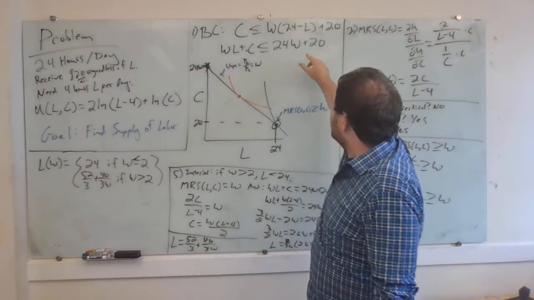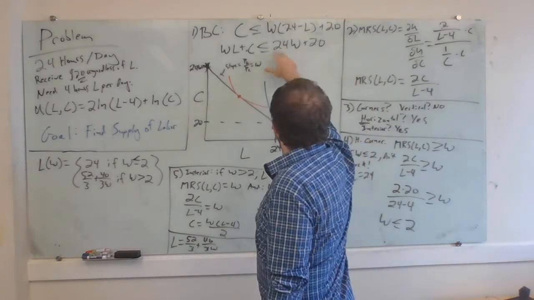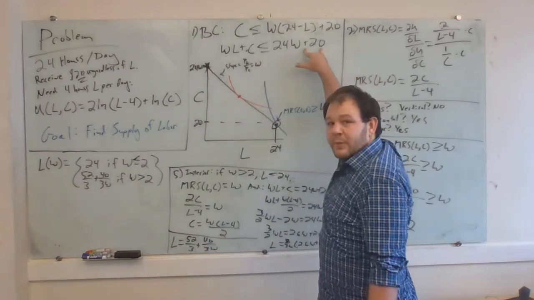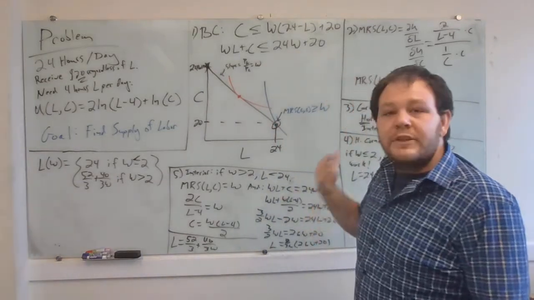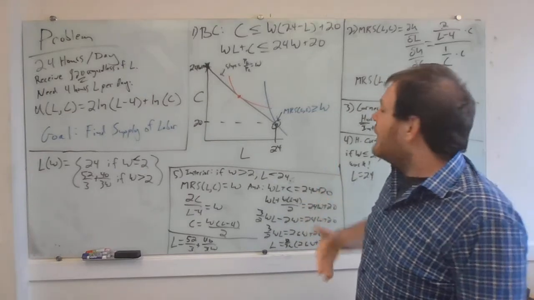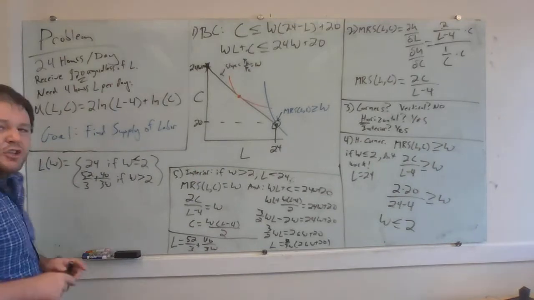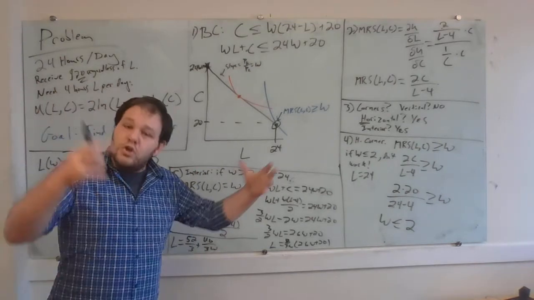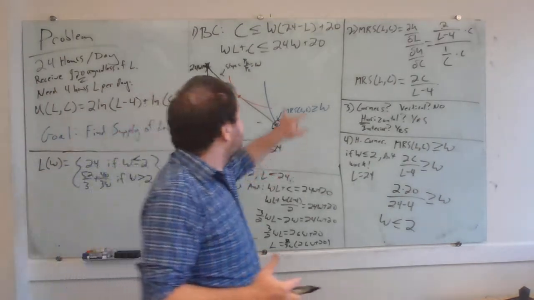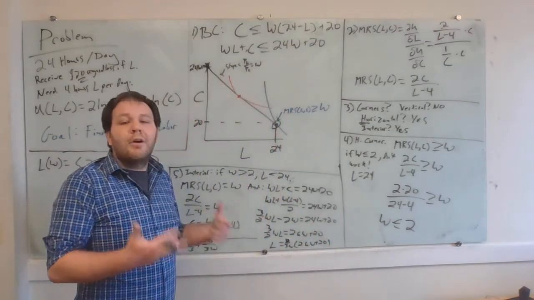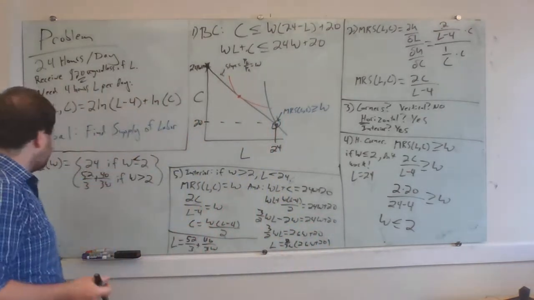Now, as W is increasing, our income is increasing. This piece is increasing, but the $20 that we get from the government is making up a smaller and smaller share of our income. So spending about 2/3 of our income on leisure is going to mean that leisure is going to shrink over time, because essentially the value of our time is going to become a more and more important component of our overall income. So that's also going to make sense.